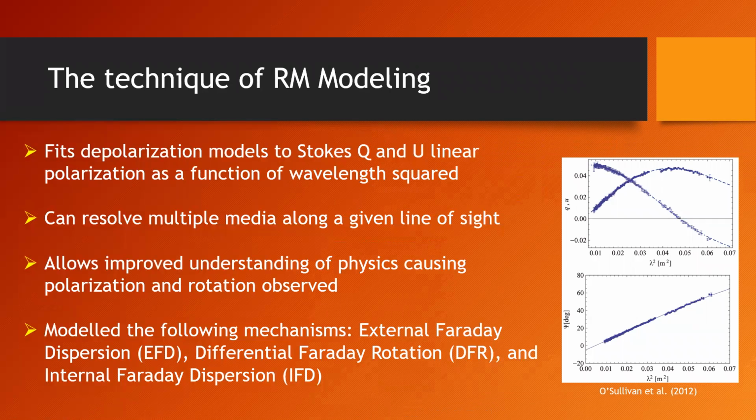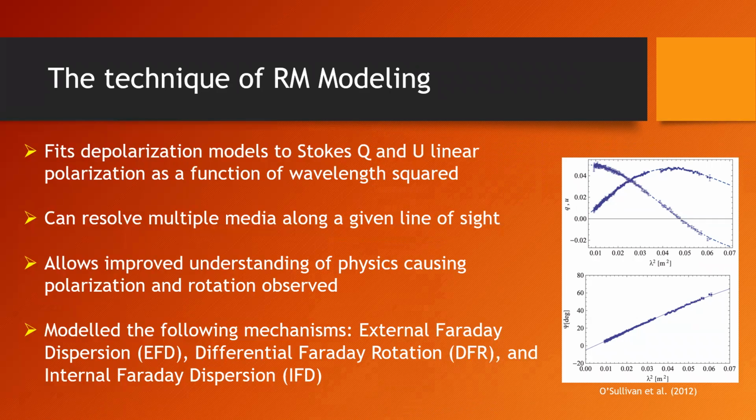And the method we used to model the Faraday effects for these 8 pixels was to fit depolarization and Faraday mechanisms simultaneously to the Stokes Q and U linear polarization products.